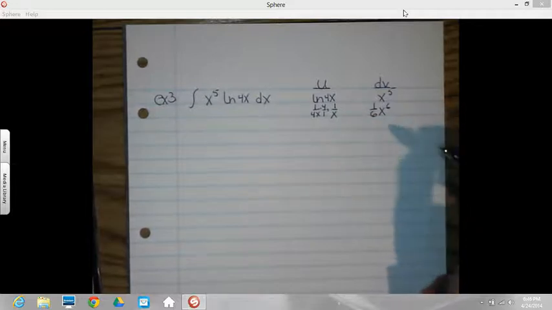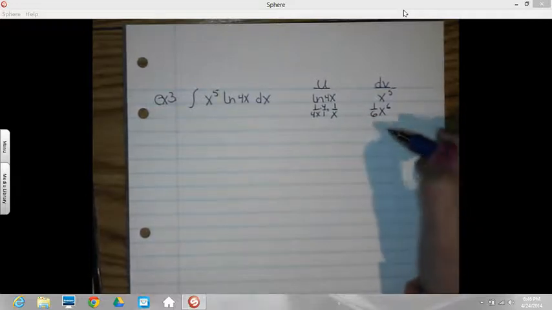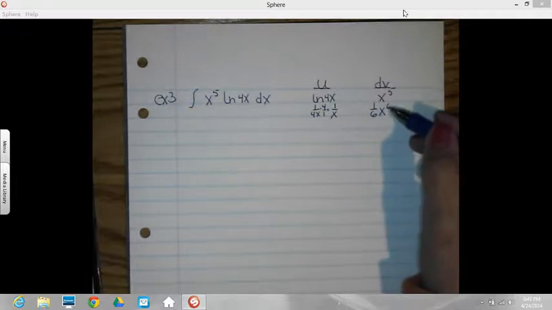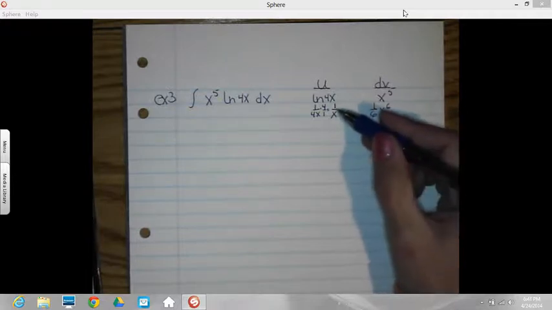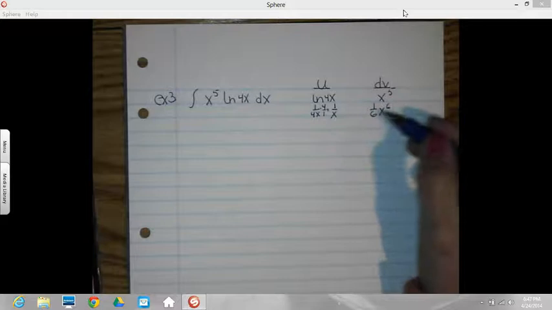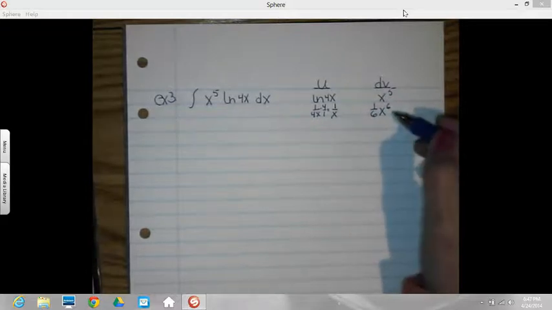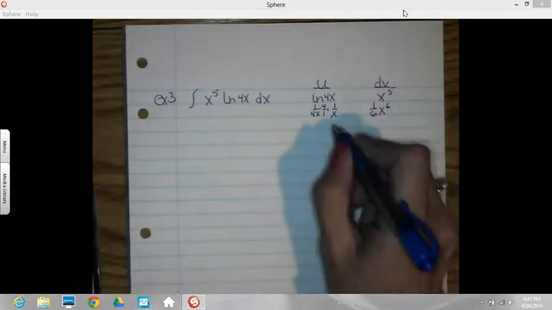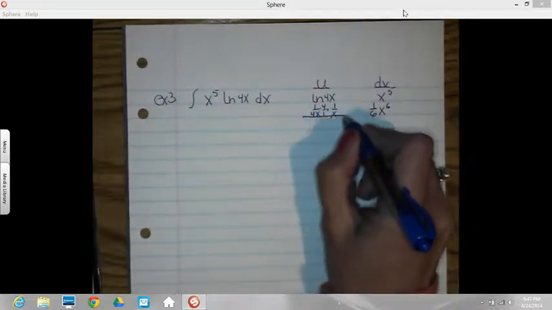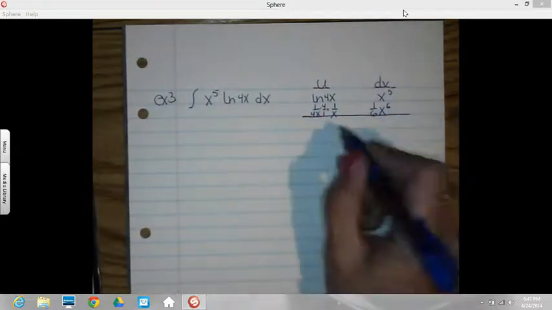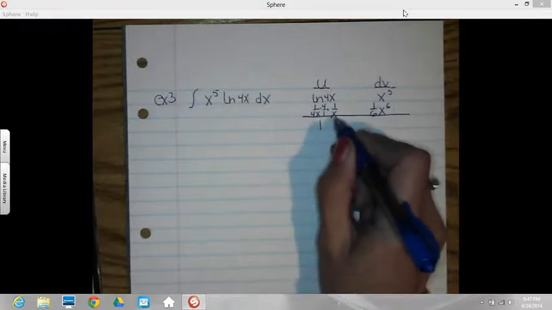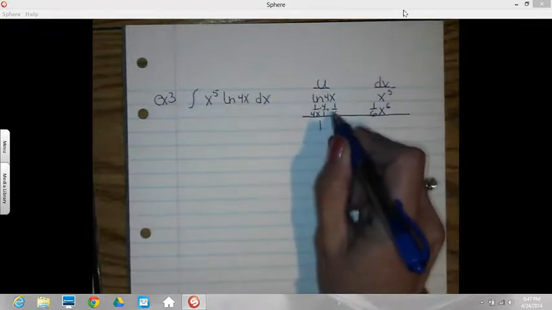But if I think about this, I've got 1/6 x to the 6th. Here I've got an x to the negative 1. If I reassociate it and slide it over here, then it just combines with these x's here and simplifies. So that's what I'm going to do. I'm going to leave the 1 here. I'm going to slide the 1 over x, or the x to the negative 1 over here.